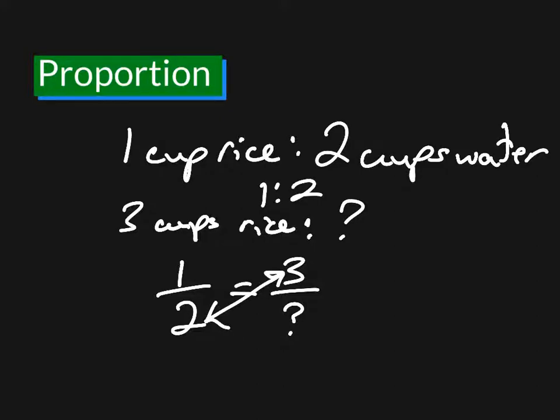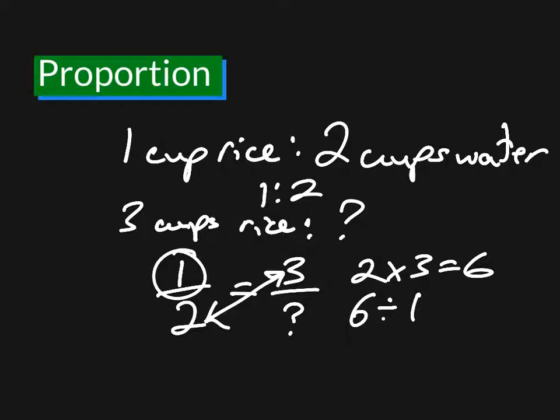So we multiply 2 times 3, and that gives us 6. And then we're going to divide 6 by this number that's left over, which is 1. So in this case, it's going to be 6. So a ratio of 1 to 2 is proportionate or equivalent to a ratio of 3 to 6.